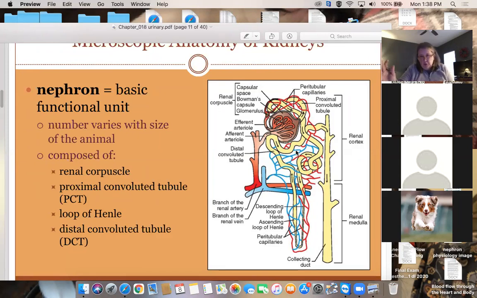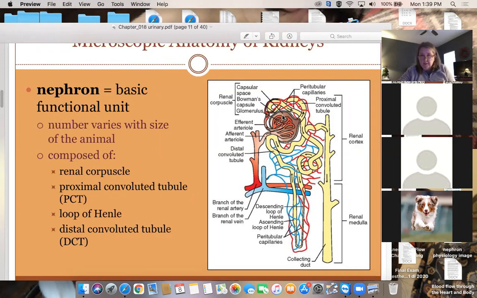So the function of each: the renal corpuscle is the first stage of urine production, because this is where the blood enters and is pushed through. The glomerulus is the actual filter, so this is where the blood is filtered. If something is soluble, like glucose, potassium, calcium, body water, urea, nitrogen, it's going to get pushed out of the glomerulus and enter the capsular space.